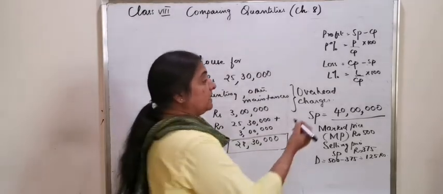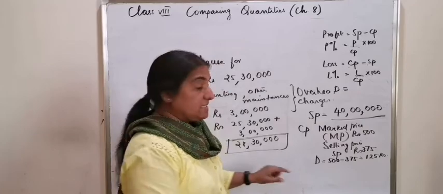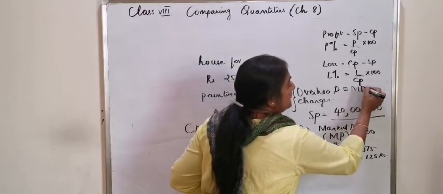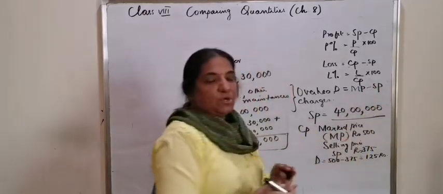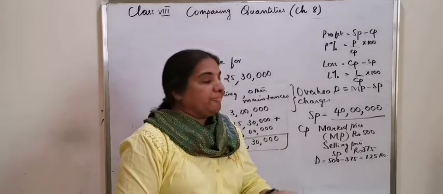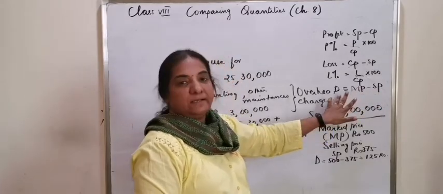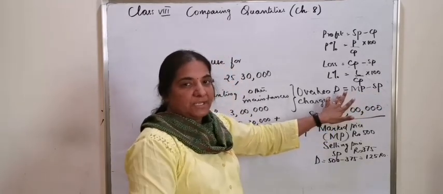Thus, what's the formula for discount? Discount is always calculated as marked price minus selling price. Whatever price you are marking on the item, when you sell it for a lesser amount, you are giving a discount to the customer.